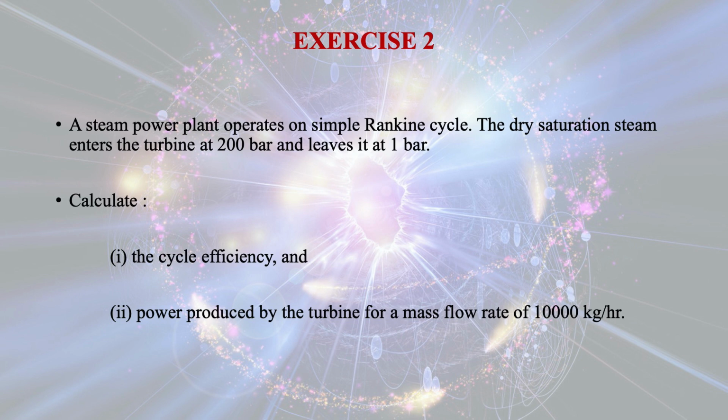Calculate number 1, the cycle efficiency, and number 2, the power produced by the turbine for a mass flow rate of 10,000 kg per hour. Now, as I have suggested, first you try to draw the temperature entropy diagram or at least the block diagram so that you can proceed for solving this problem without any difficulty.